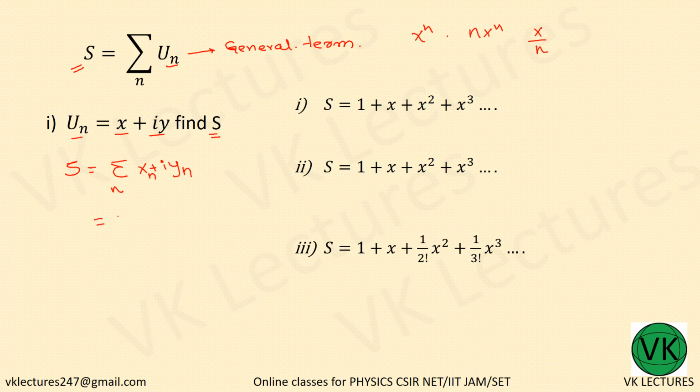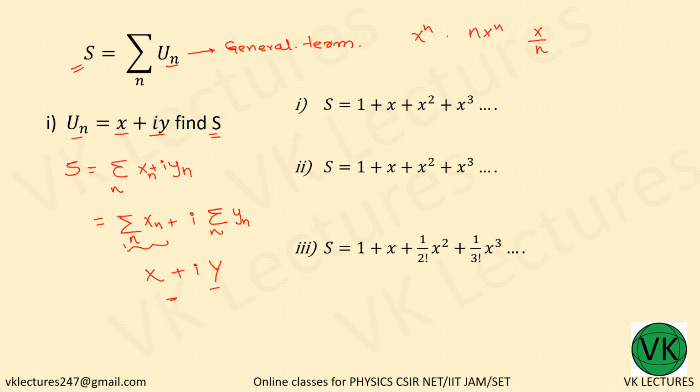So you can write it as the sum over n of xn plus i times the sum over n of yn. This entire term you can write as capital Y. So this is how you can write the sum of n terms.